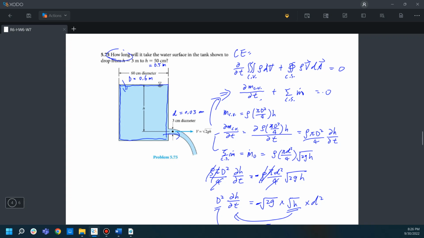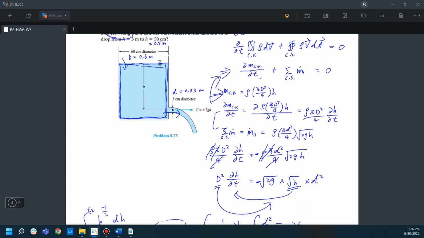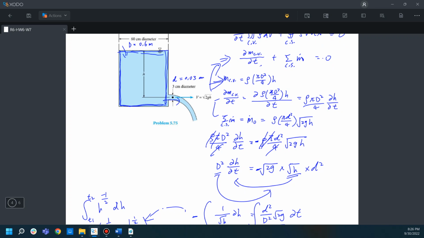Because the control volume in this problem varies with time, you need to calculate this mass in terms of the variable h, which is the equation shown here. And for the control surface term, it is the balance between inflow and outflow, right? So it's the outflow mass rate minus the inflow mass rate. And we don't have any inflow through this control surface boundary, so we only consider the outflow term.